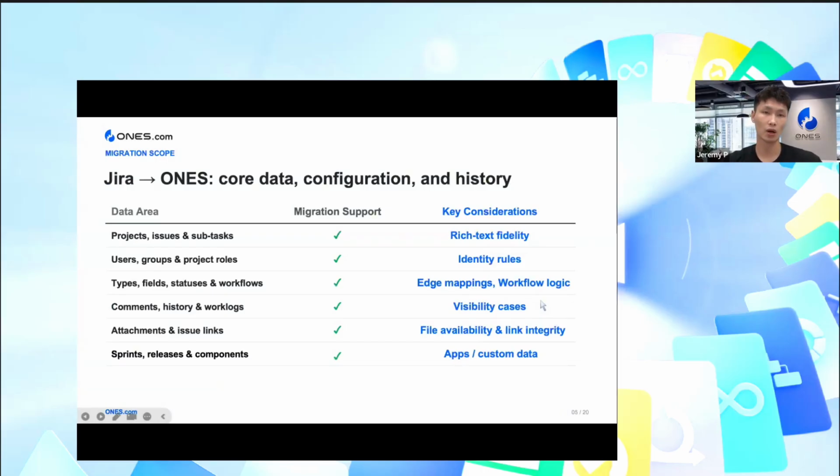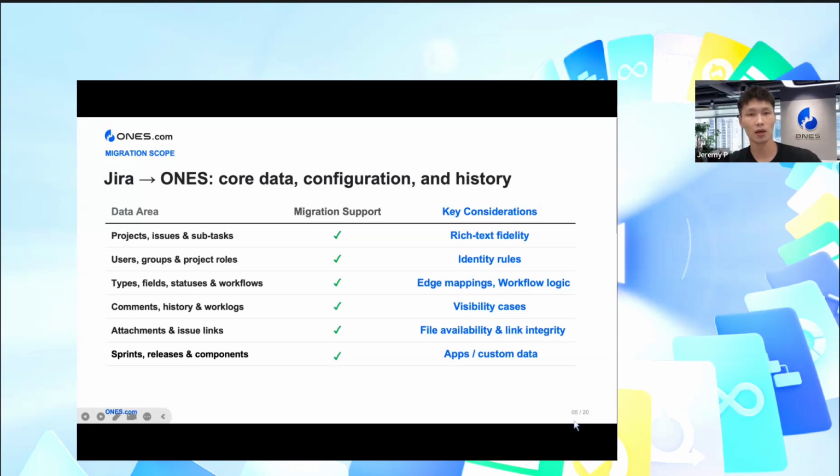For Jira, the migration covers much more than only issues and projects. It includes users, groups, issue types, fields, workflows, datasets, comments, attachments, and so on. Another important question is not only whether an item can be moved, we also need to confirm how it should appear and behave in Once.